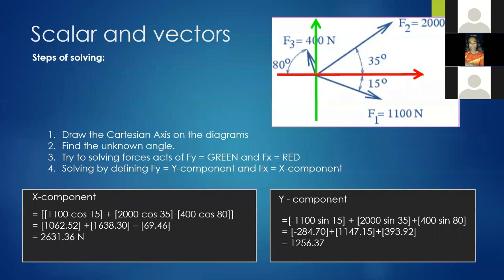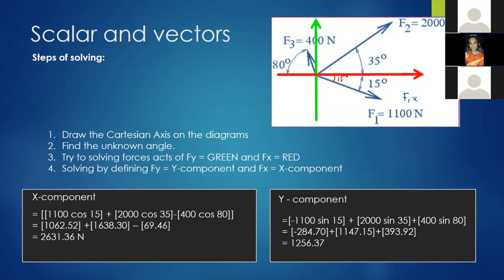So first of all, we have to resolve all three forces F1, F2, and F3 into X and Y components. Let's do F1 first. This is F1, the angle is 15 over here. I'm talking about the F1X direction.